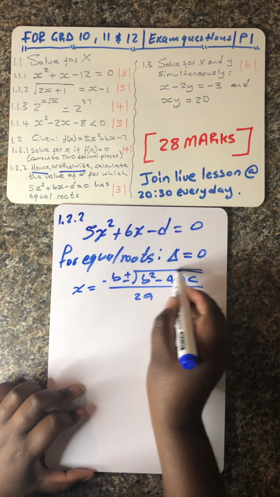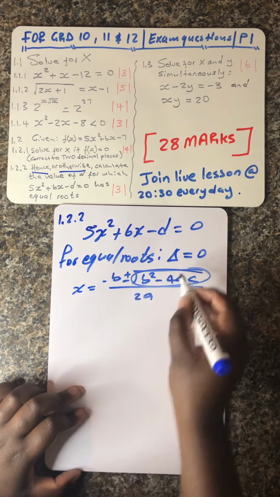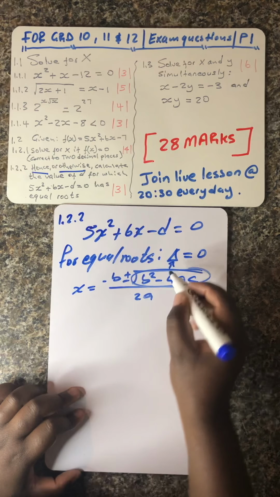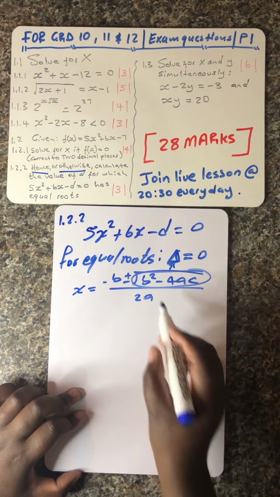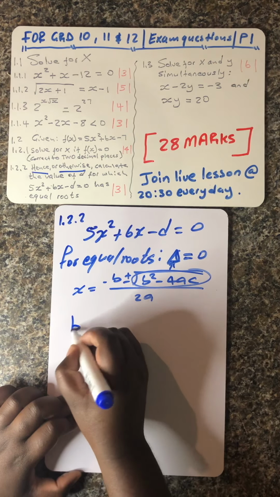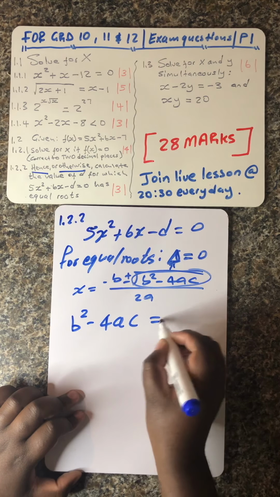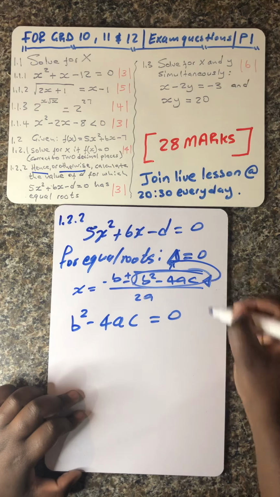So this thing inside the square root is what we call delta or change. So for equal roots, that means delta is equals to 0. So we just equate b squared minus 4ac to 0. So that means this is delta, guys.